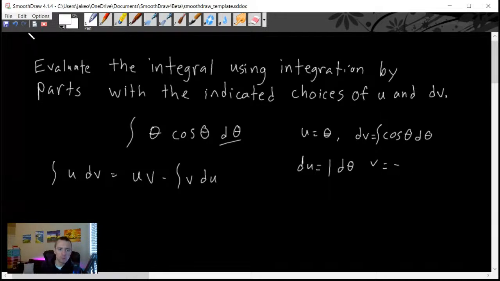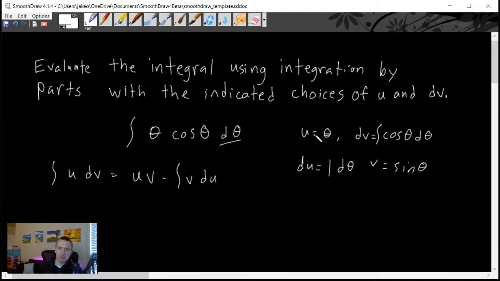Nope. Positive sine. Yeah. So the antiderivative of cosine theta is sine theta, because the derivative of sine theta is positive cosine theta.